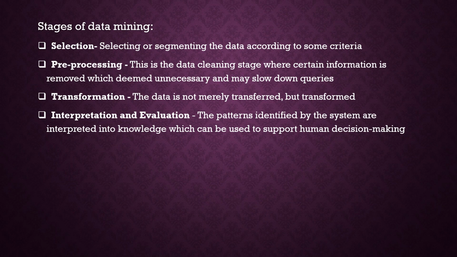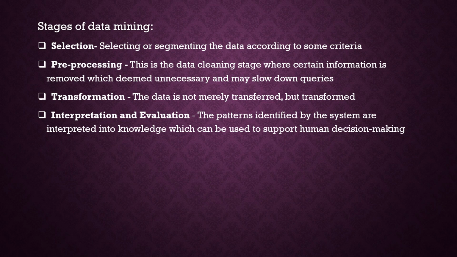Pre-processing means before processing, so we need to remove some unnecessary data or information. In case you have such information in your data, it may slow down the queries. So that's why the pre-processing stage is very important.